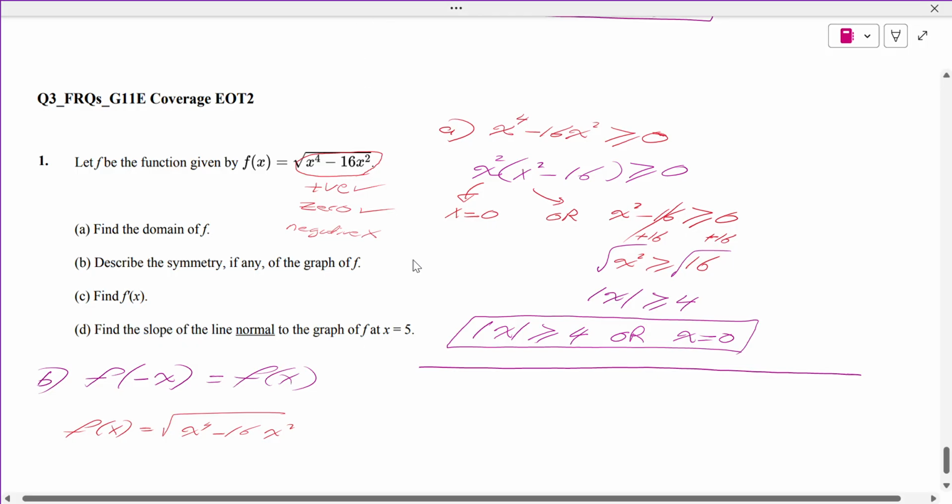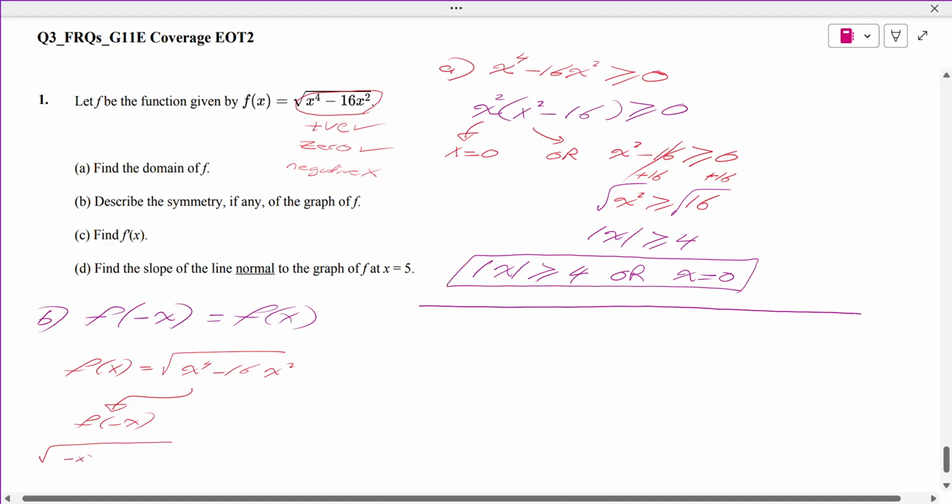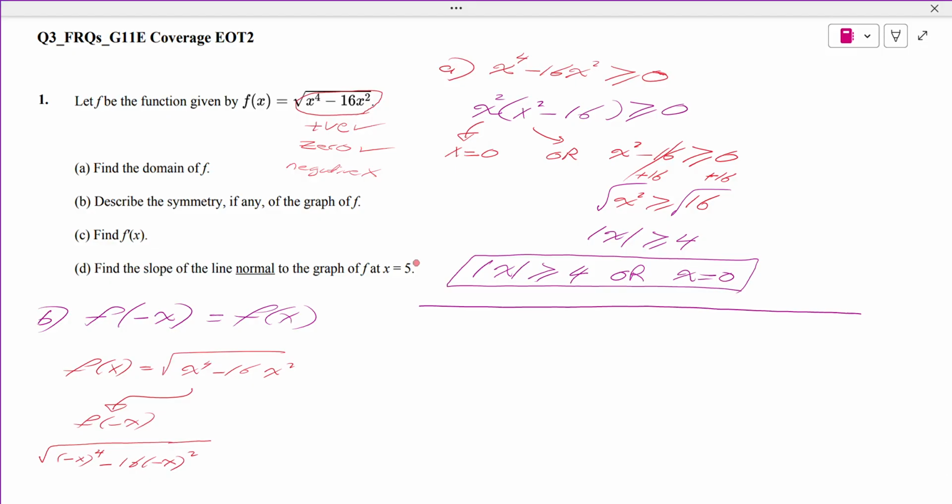Now if we try with f of minus x, will it be the same as f of x? Let's see. So f of minus x will be what? Replacing all the x with what? Minus x. So this is minus x to the power of 4 minus 16 times minus x to the power of 2. What did I do here? I replaced the x with minus x.